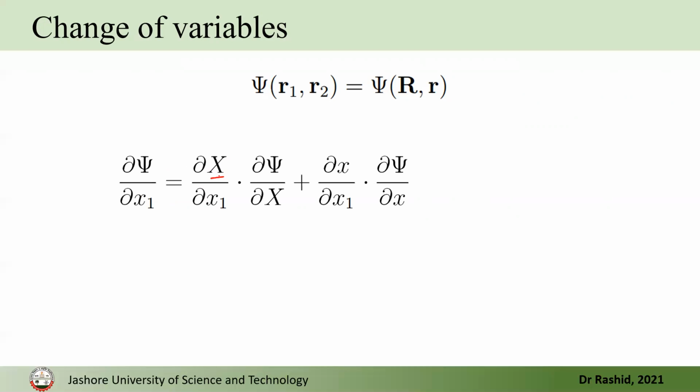This capital X is the x component of the capital R, and this small x is the x component of the small r, the relative distance between electron and proton. So we write d psi by dx1 equals dX by dx1 times d psi by dX, plus similarly dx by dx1 times d psi by dx.